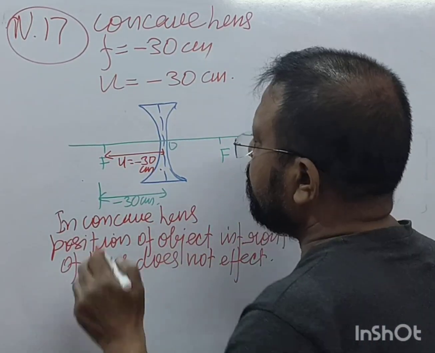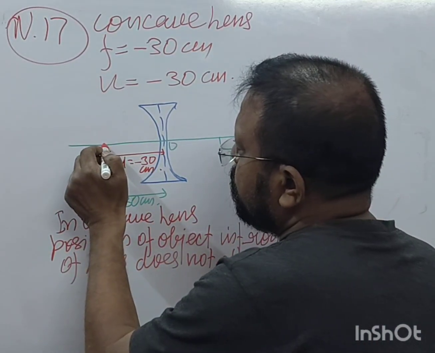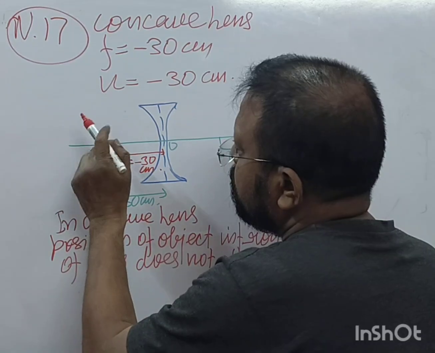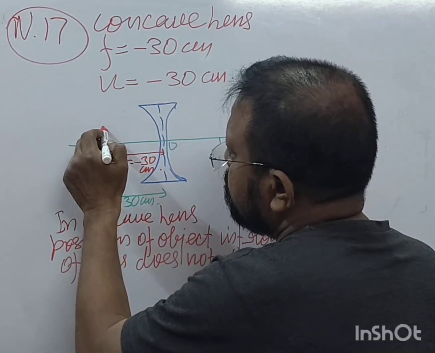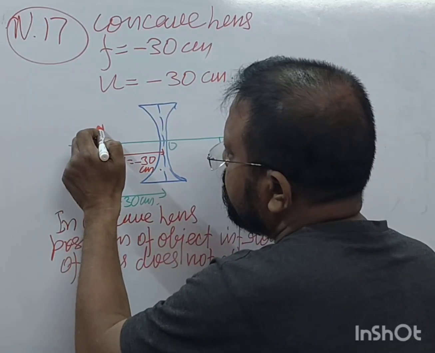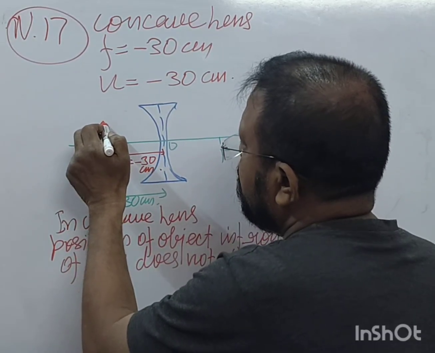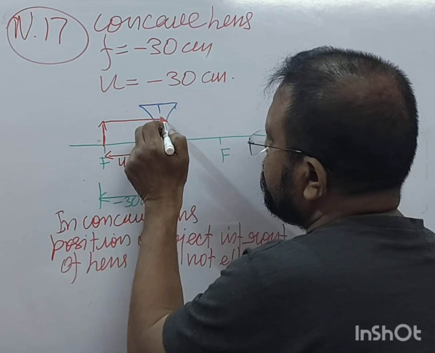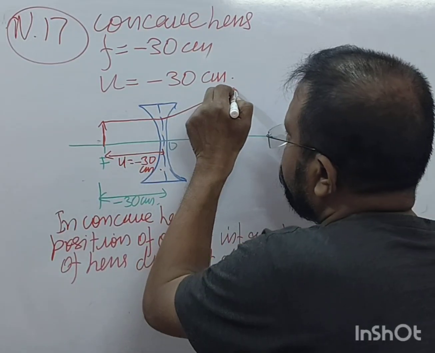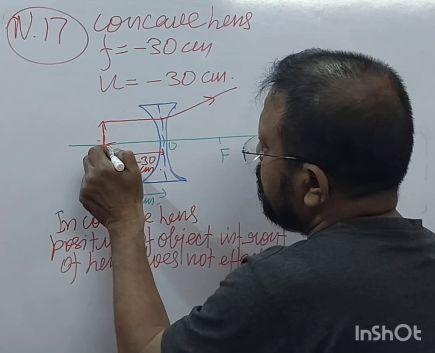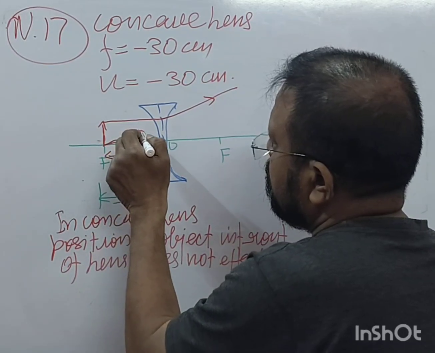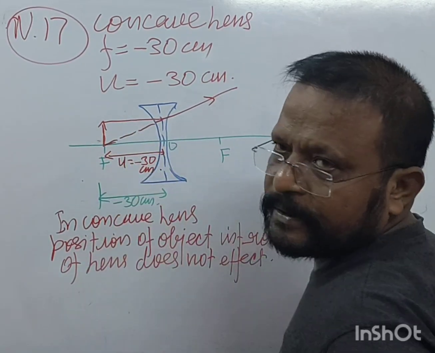So what happens if the object is here also? The line parallel to the principal axis, after refraction, goes like this, and it seems to be coming like this.